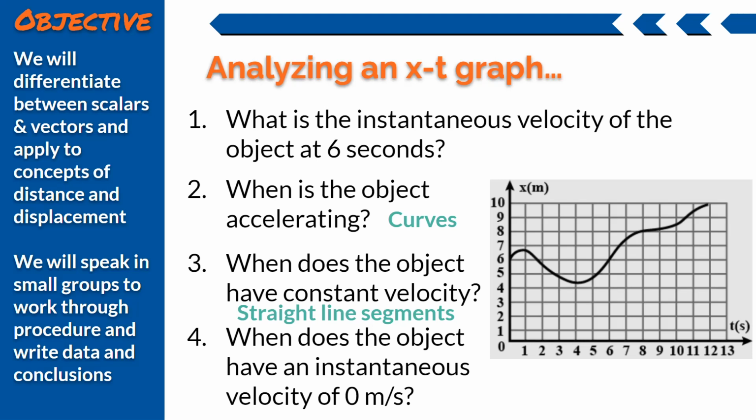Okay, and then when does the object have an instantaneous velocity of 0 meters per second? What do you guys think about that one? At the top or bottom of the curve? Yeah, any of those curves that change direction, the top or the bottom, because if you look at the slope at that point, you would have to look at the tangent line. Y'all know how to do that, right?